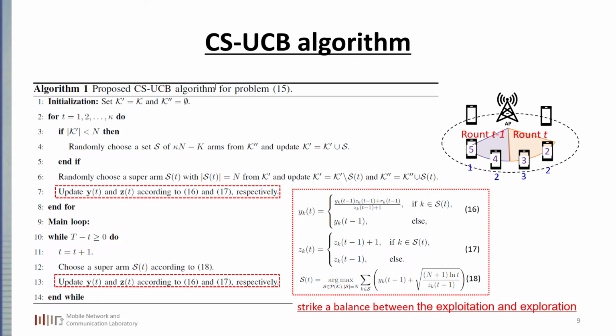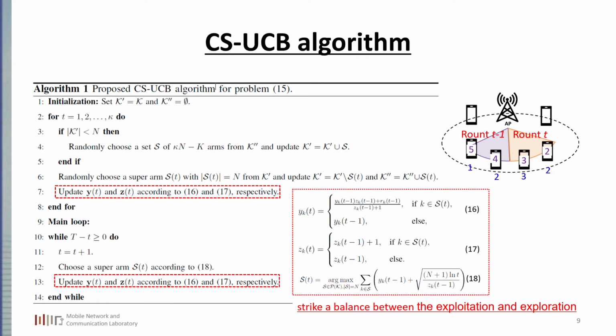To solve this formulated problem, they use an algorithm called CS-UCB, the client scheduling UCB algorithm. So at first, lines 1 to 8 are about the initial setting. In this initial setting, it is the process to make sure each arm is played at least one time.